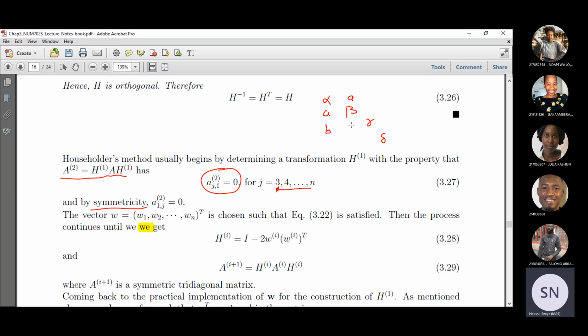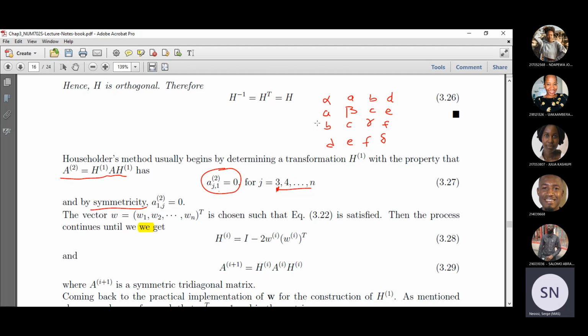If this is B and C here, we also have B here and C here. Then D, E, F. Similarly, we have F here, E here, and D there. That's what it means to be symmetric: this is equal to that, symmetry about the diagonal.